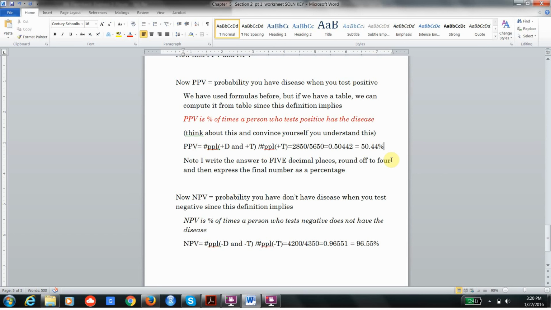Now the NPV is the same sort of thing. It's the percentage of times that a person who has a negative test result does not have the disease. It's the probability that a person who has a negative test result doesn't have the disease. Well, again, I can write it as this ratio. Even though we had a formula, it's this ratio when I actually have a table. I go to the table and find the number of people with a negative test result.